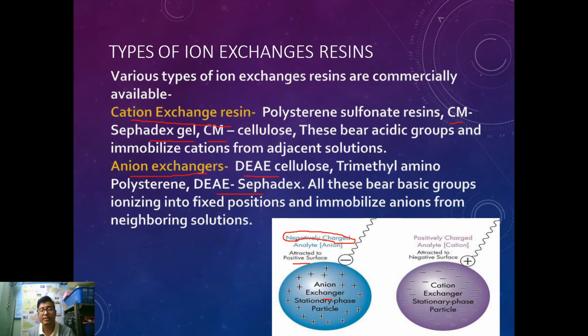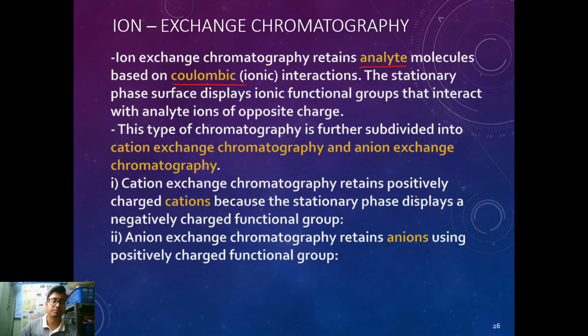If we are dealing with a cation exchanger, it means they will exchange cations. Cations are positively charged ions and they are attracted towards the negative surface. So just remember this concept, and remember the names of a few cation and anion exchangers. Now we will see how this whole thing occurs.